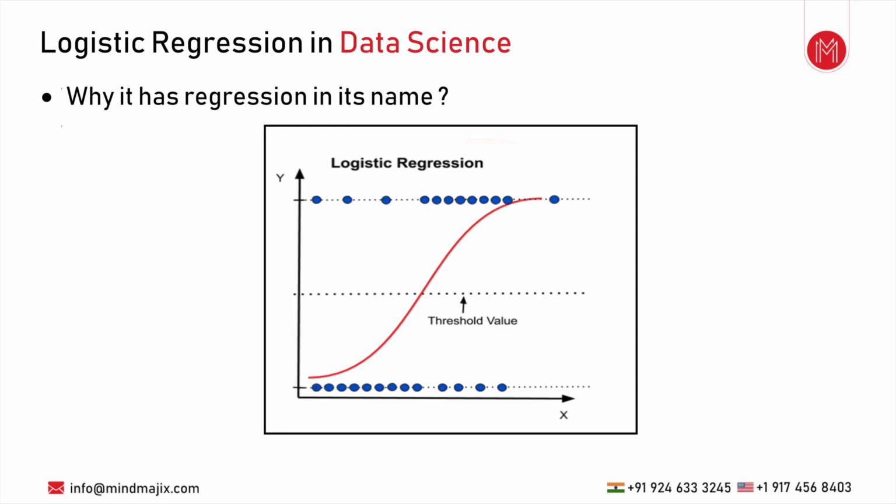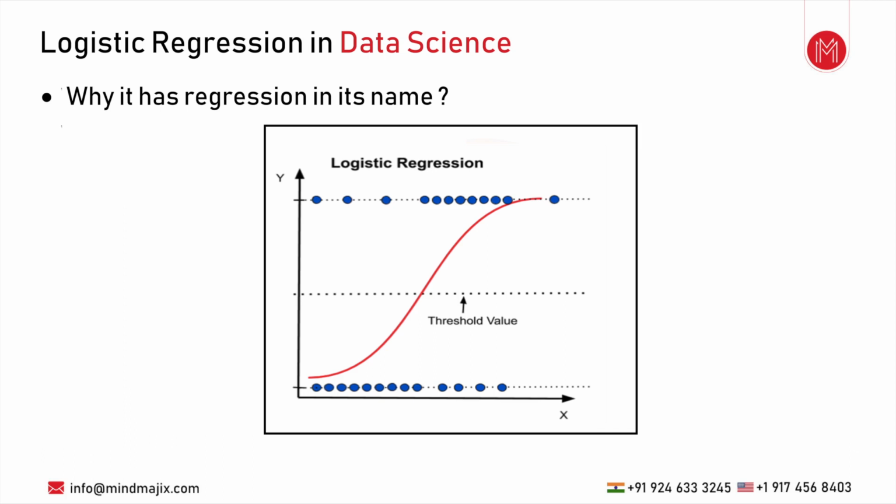When we talk about logistic regression, the very obvious question is why it has regression in its name. Guys, you can notice that we have a proper line that is working here, just like the regression family. Just like regression, we have a curve here, which is basically an S curve, which can be termed as regression family because it uses a line.